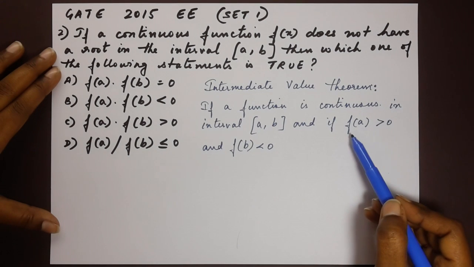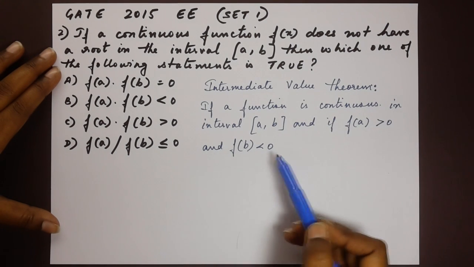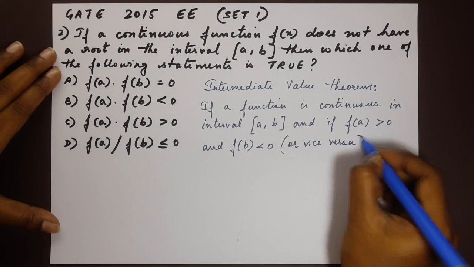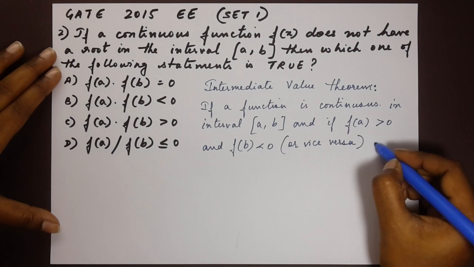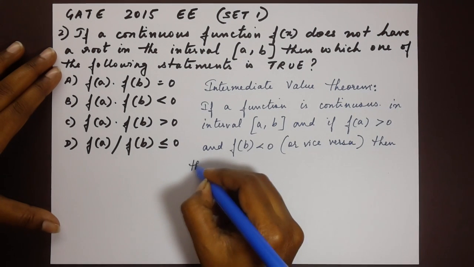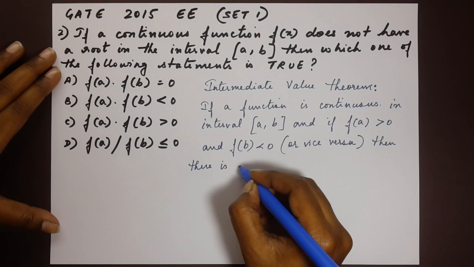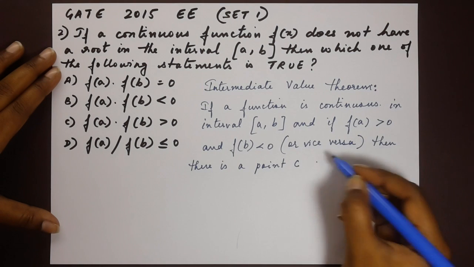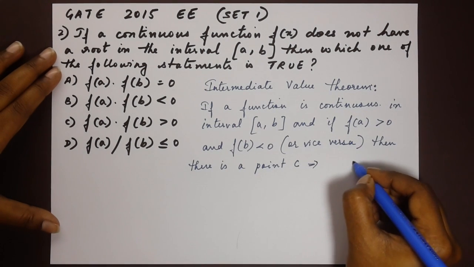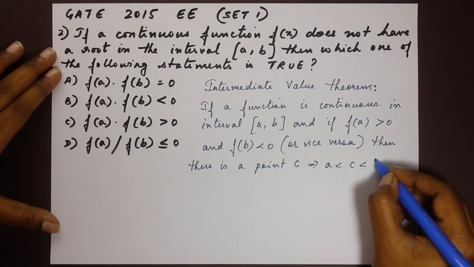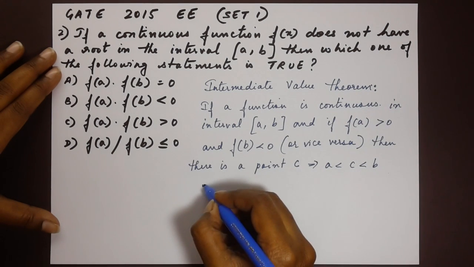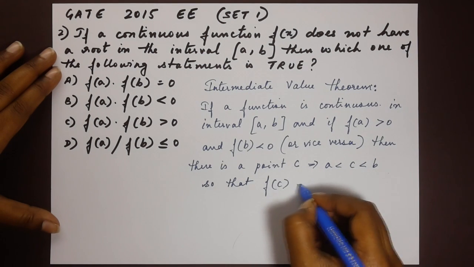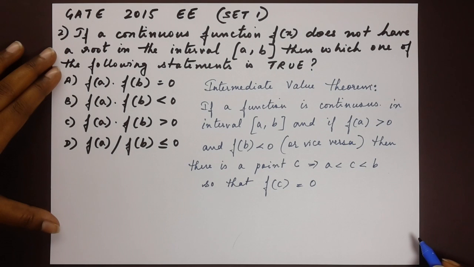We can also say that f of a is less than 0 and f of b is greater than 0. Then there is some third point, let's say C, such that C lies between the interval a and b, and f of c is equal to 0.